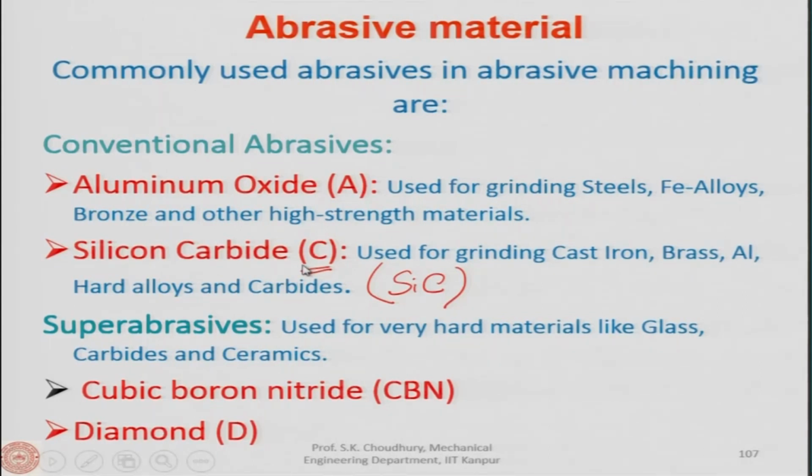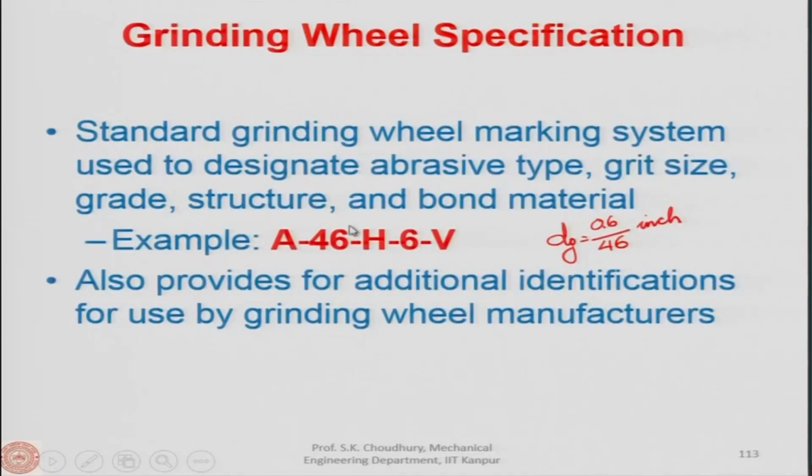Second, here it is the size. You cannot use this for a very finishing operation, because this is a coarse grain, not a very fine grain, as grain fineness is directly related to this number. Since it is not a fine grain, this wheel is not for finish operations.